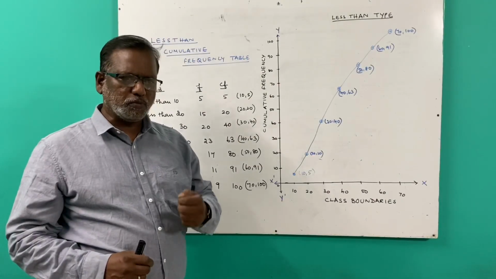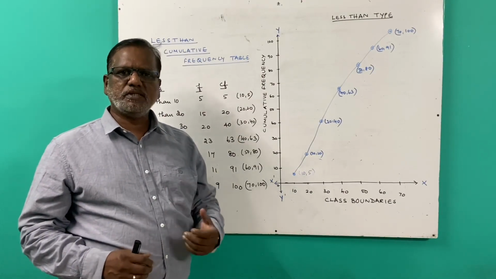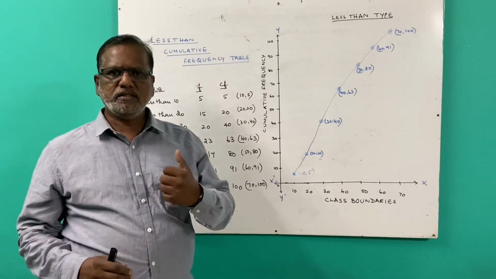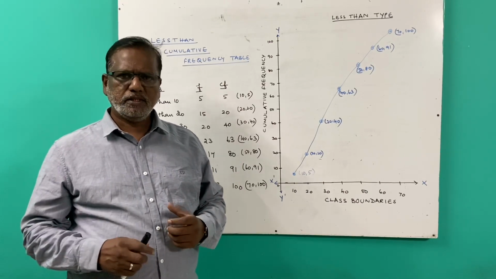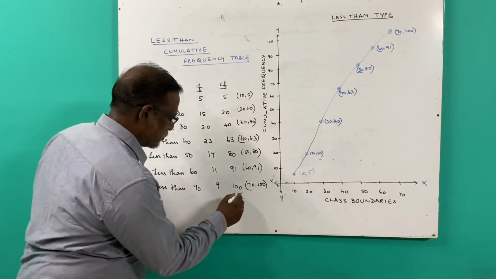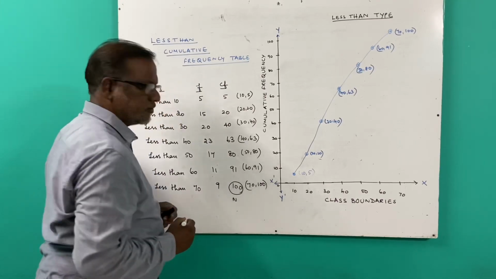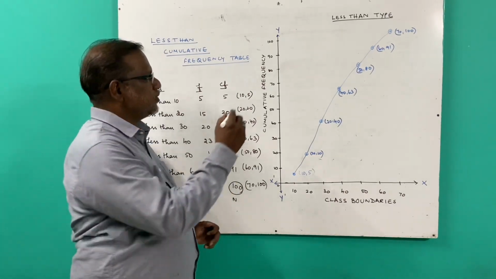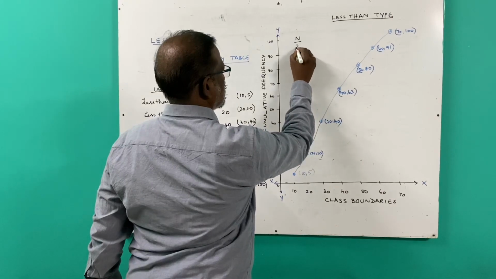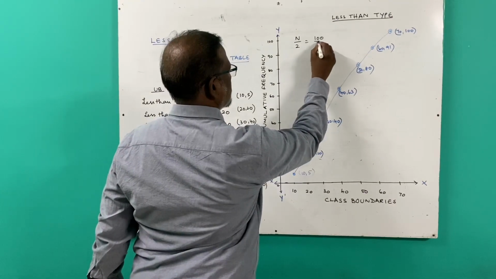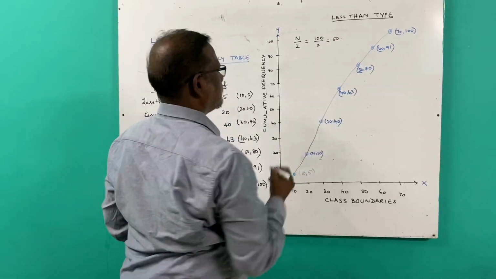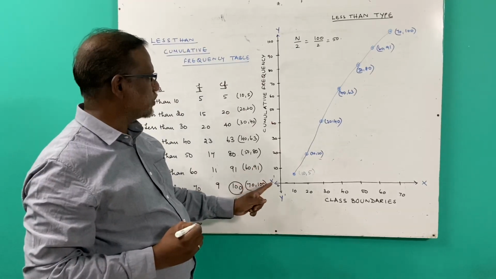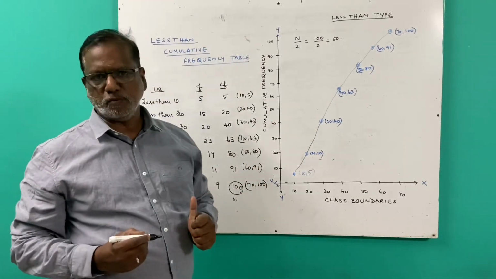One more question that can be asked is, sometimes based on the less than cumulative frequency curve, they may ask you to find the median. How to go about it? You just take the n value, or the sigma f, and find the n by 2 value. That is 100 by 2, which is going to be 50. Now, find the 50 on the y-axis, on the cumulative frequency.